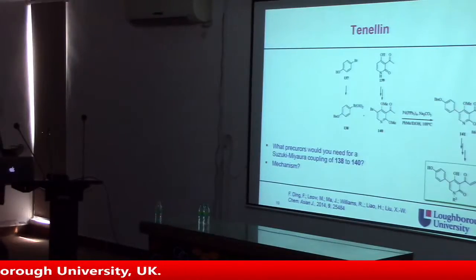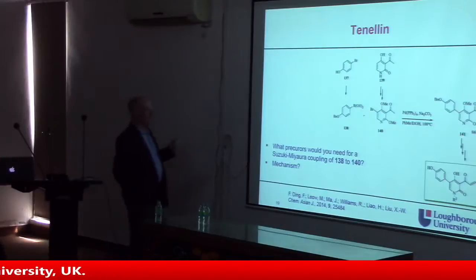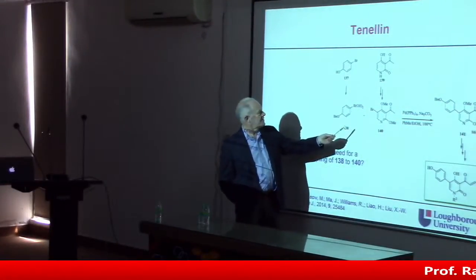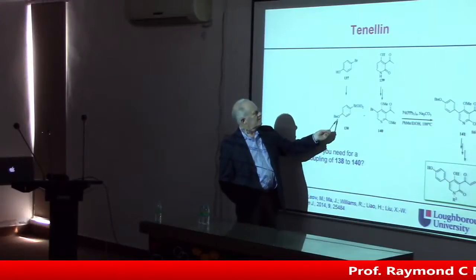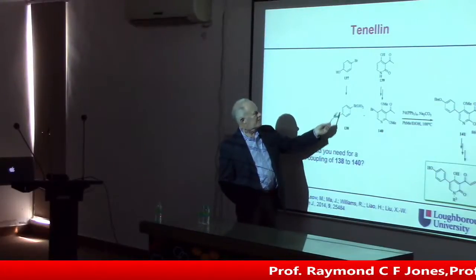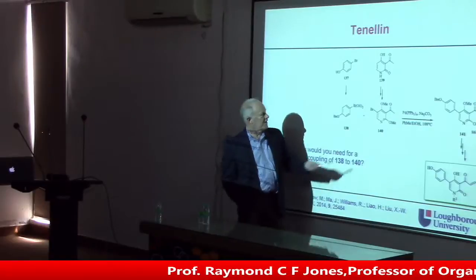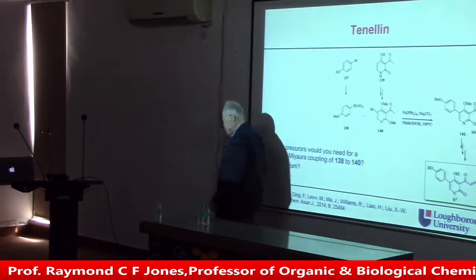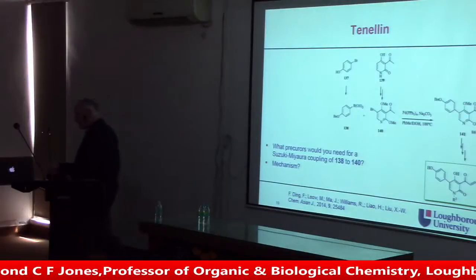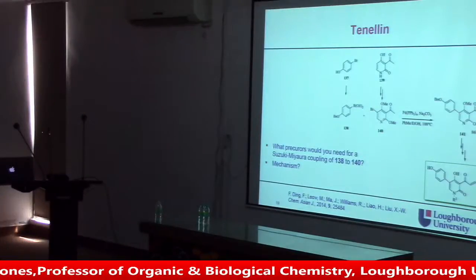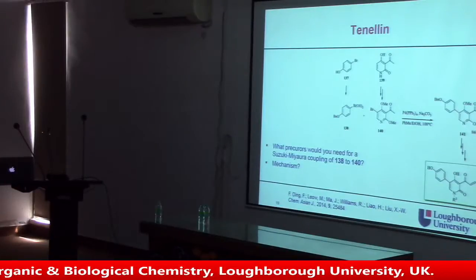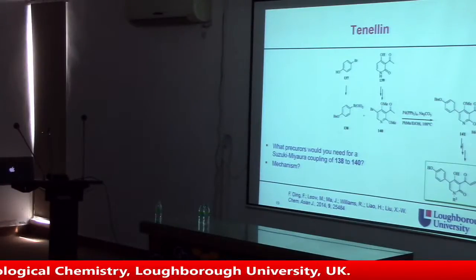I'm not quite sure why it was done this way round, but in fact they put the boron on this bit and protected. In fact, that must have taken more than one step, so a bit inaccurate there. And they made the bromine on the other side. It doesn't really matter, so this illustrates that you can put the leaving group and the boron, tin, whatever, on either way round.